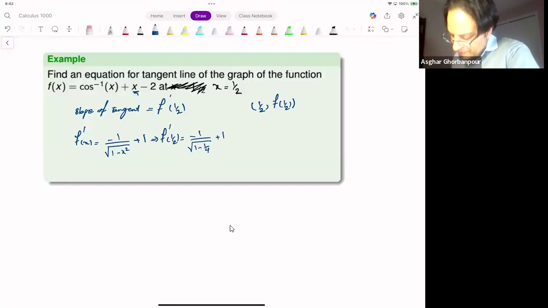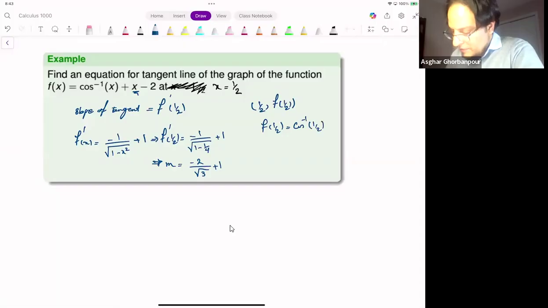What is this number? This number is negative 2 over root 3, plus 1. That's the slope. But I need to find what f is at half. So it is cosine inverse of half plus half minus 2.